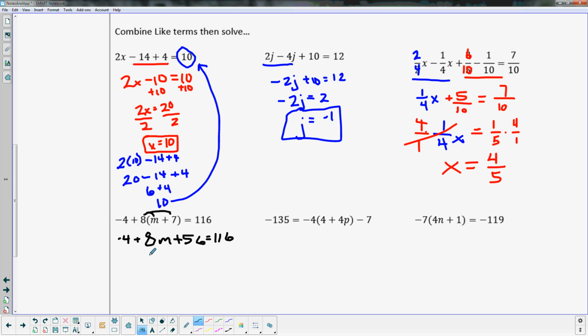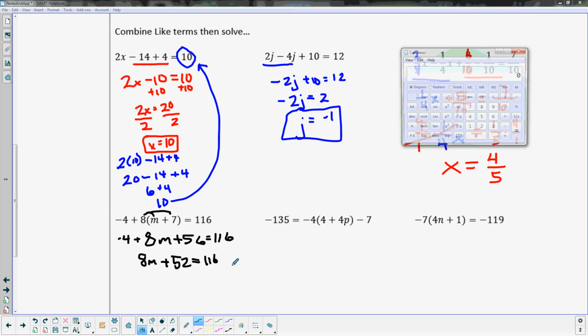I'm going to combine my negative 4 and 56. So I have 8m. I'm not happy with any part of that. Let's try that again. I have my 8m plus 52 now equals 116.